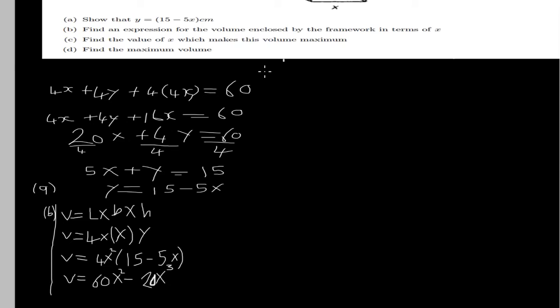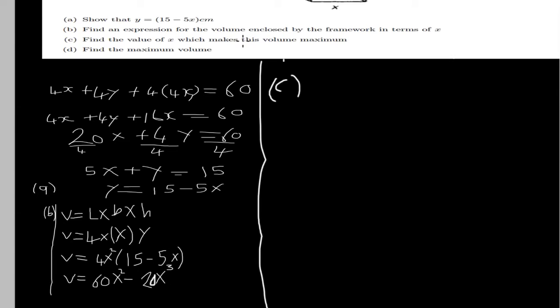So we move on to C. Find the value of x which makes this volume maximum. So C is also straightforward.